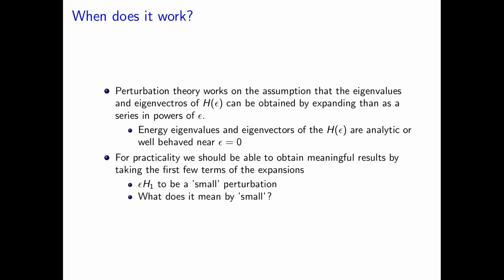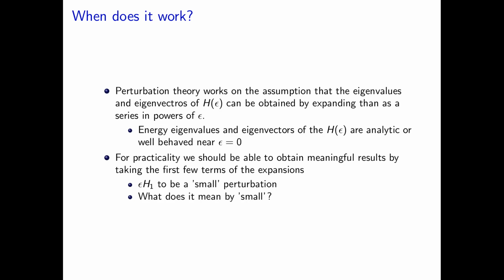A second important thing is a practical aspect. In order to obtain a meaningful result, we have to be able to estimate the properties of H, the full Hamiltonian, in terms of a very few terms of the expansion.